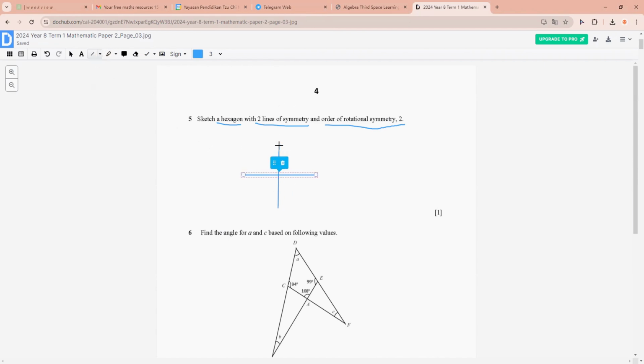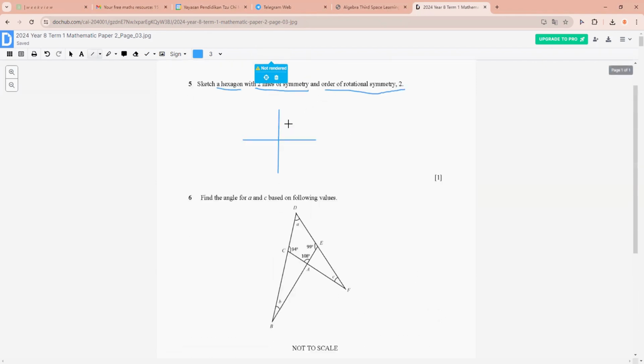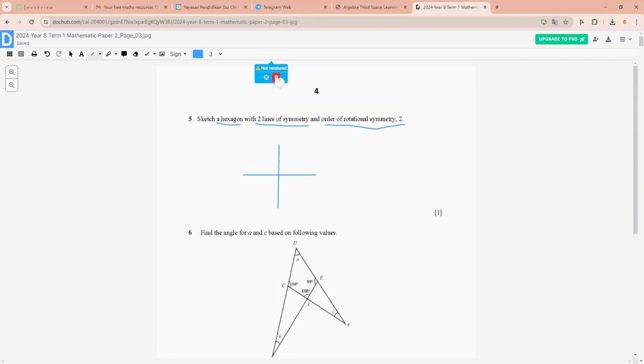So between these lines, we just need to draw the hexagon. It has 6 sides, so just reflecting that on each side, it should look something like that.